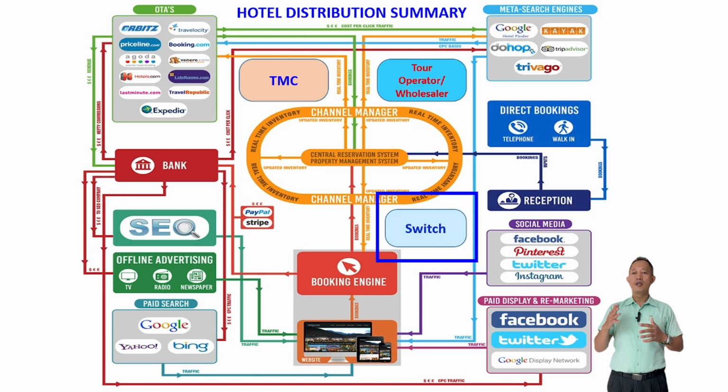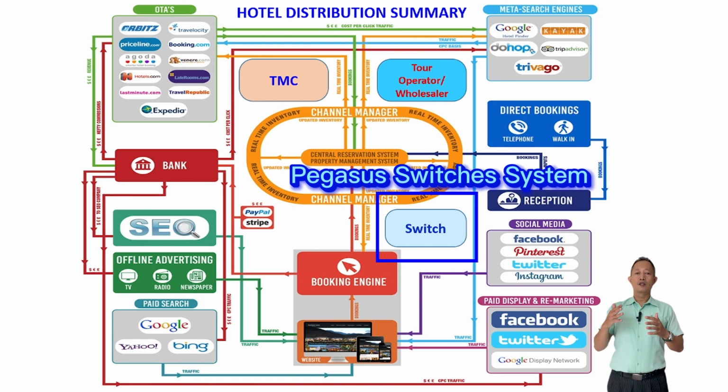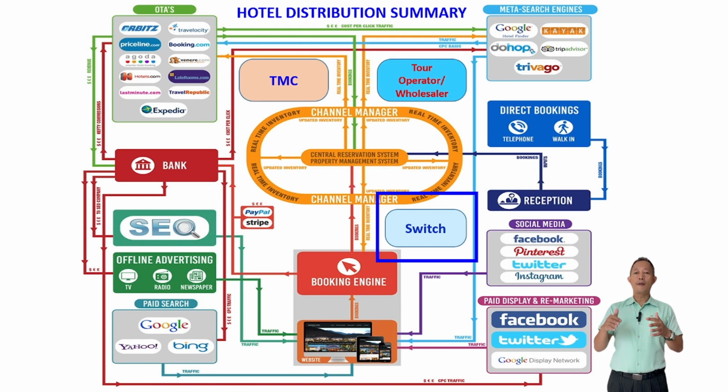For example, some hotels use a switch system called Pegasus. So the flow is we update our central reservation system and the central reservation system will be connected to all channels such as Booking.com, Agoda, Expedia, and all the other different websites automatically and make the update according to the central reservation system.